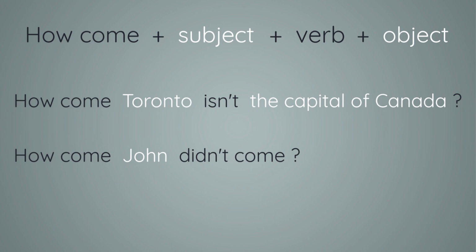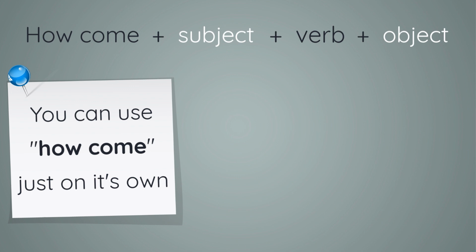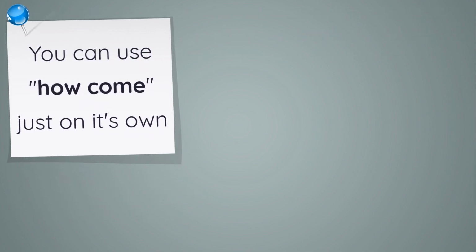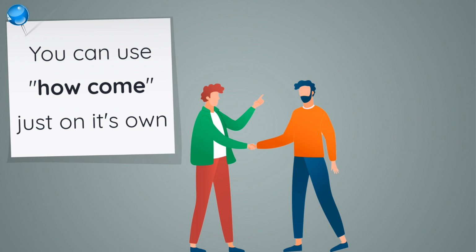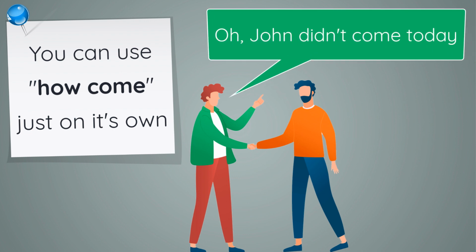One last thing I wanted to say about how come. You can also use how come just on its own. Here I showed you how to make how come combined with a sentence. You can also just use it like how come and a question mark. So for example, imagine we are having a conversation and I say to you, oh, John didn't come today.